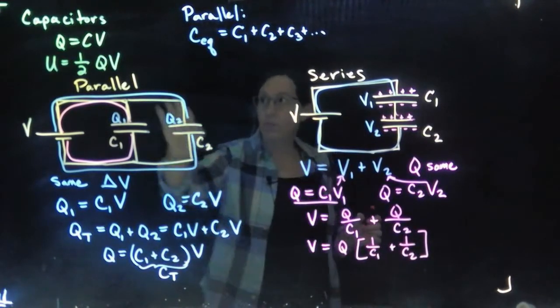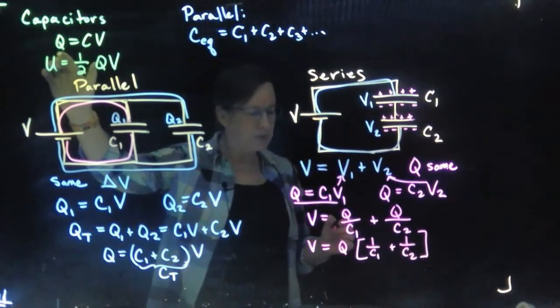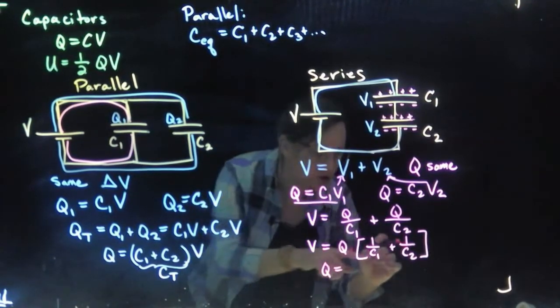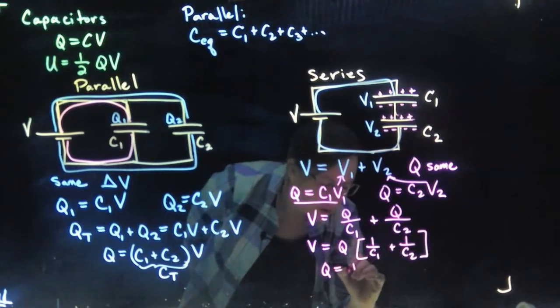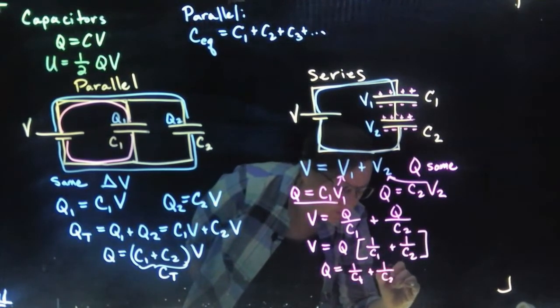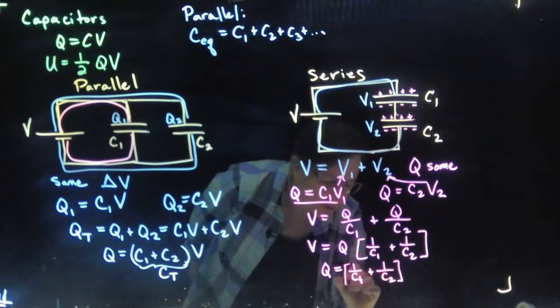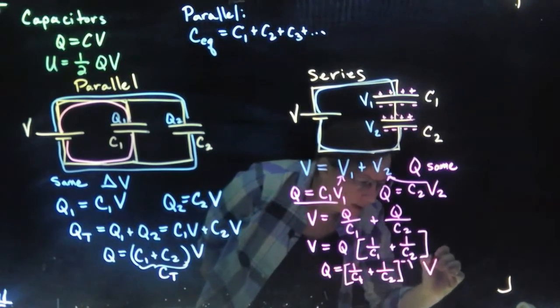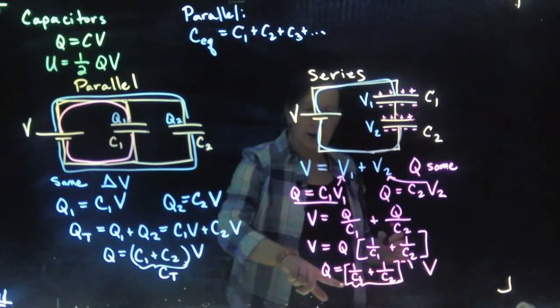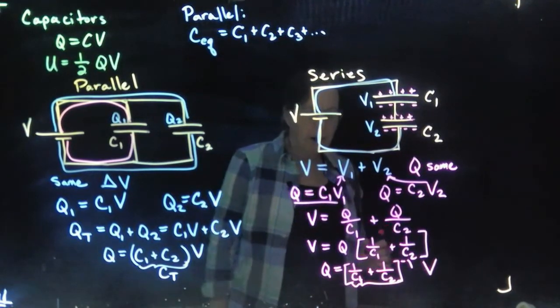Or if I want to put this in the form Q equals CV, then I would say Q is equal to, I got to divide by this whole thing. So 1 over C1 plus 1 over C2, all to the negative 1 times V. And so this quantity right down here is my equivalent capacitance.